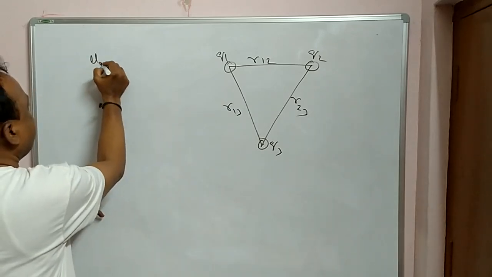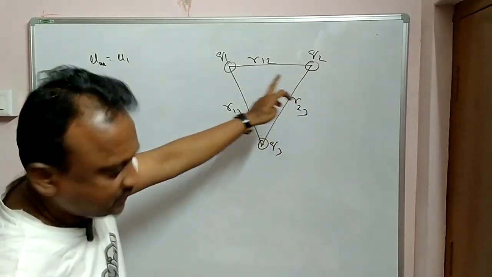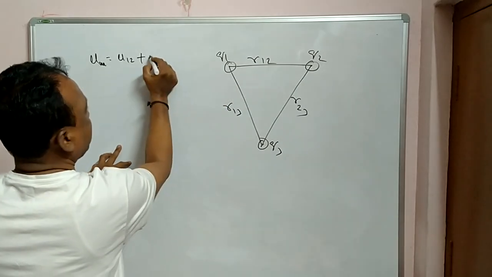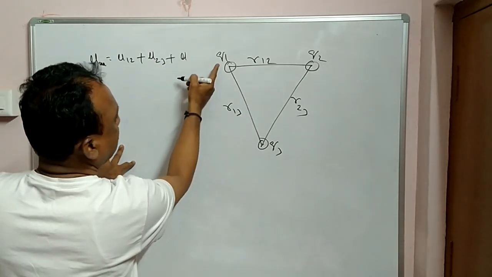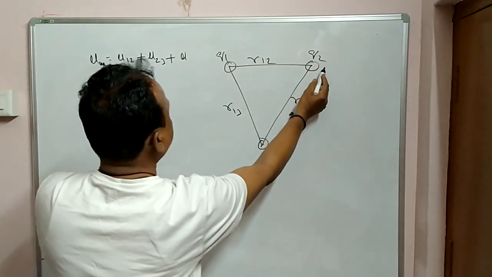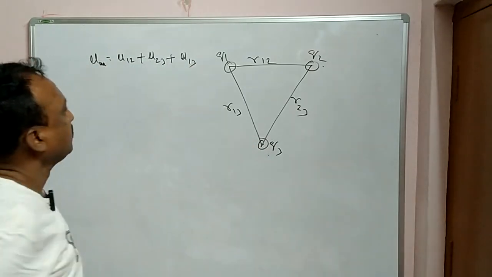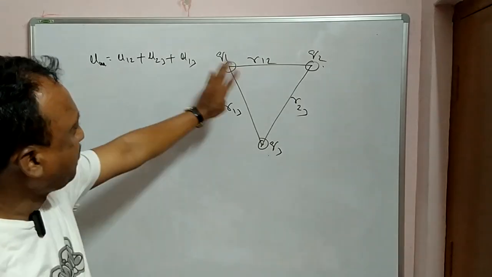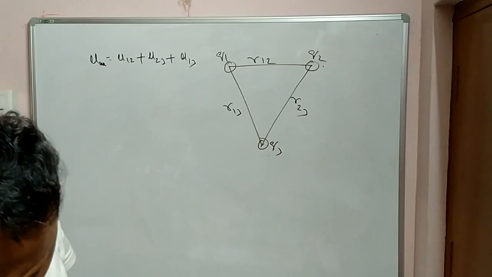U net is equal to U12, due to these two, plus U23, plus U13. This is the electrostatic potential energy due to the system of charges U12, U13 and U23.